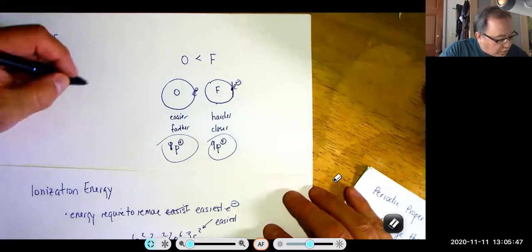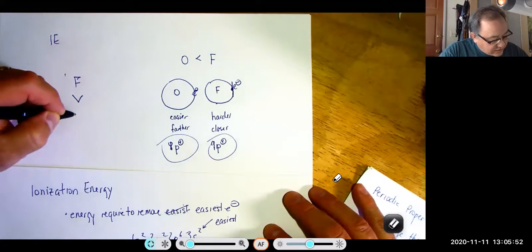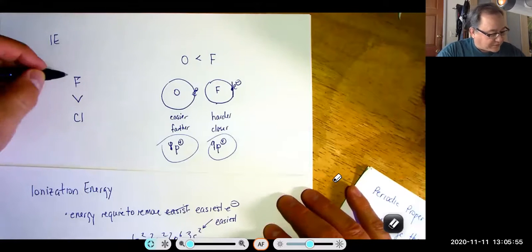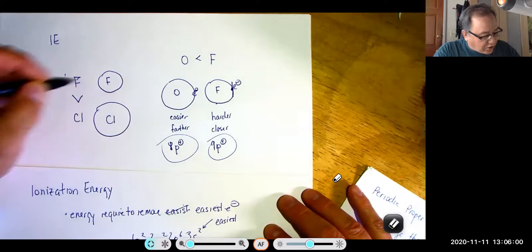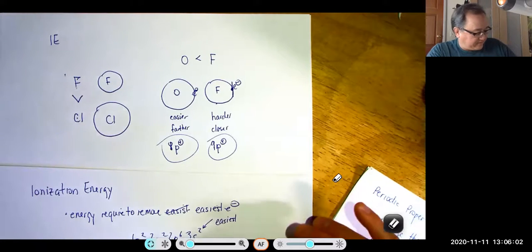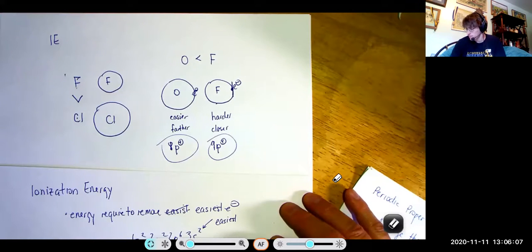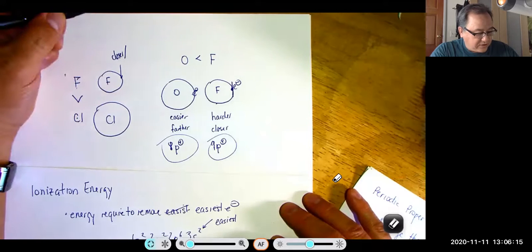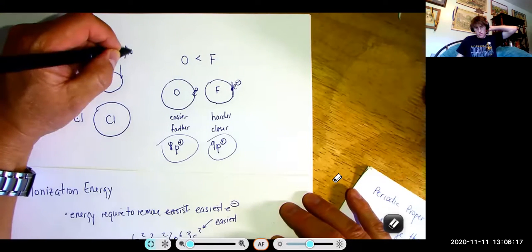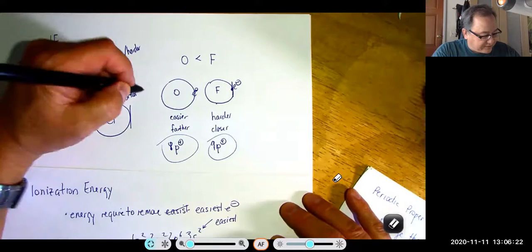Now, fluorine's ionization energy is more than chlorine's. Why is that the case? Here's fluorine and here's chlorine. Why is chlorine less than fluorine? Is it because it's farther, so easier?